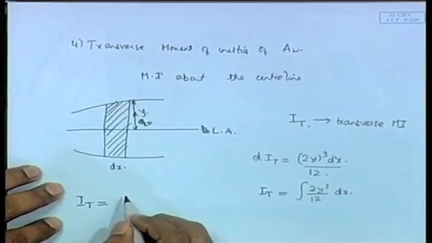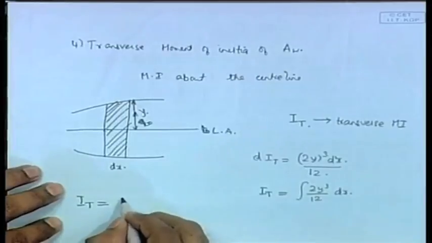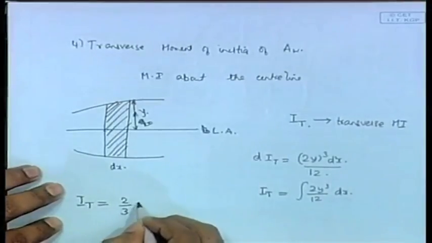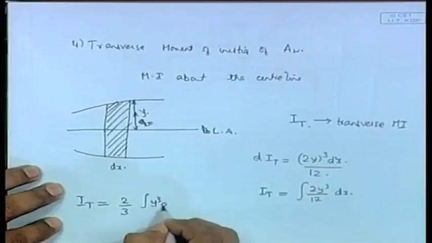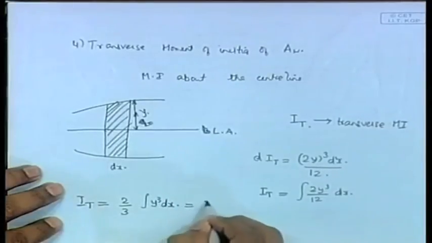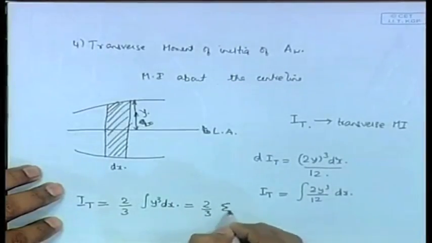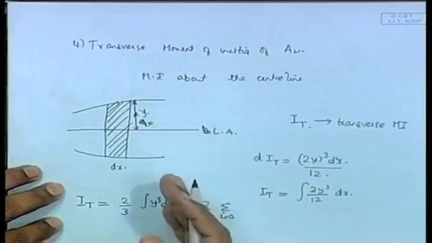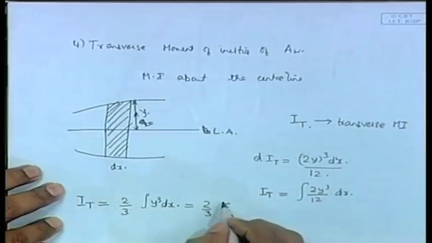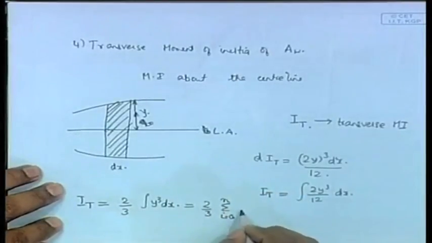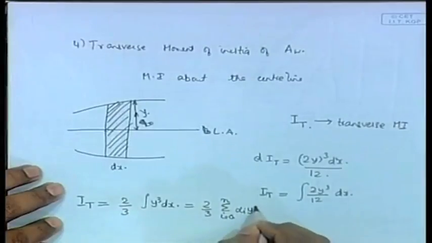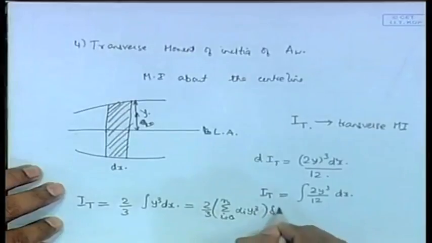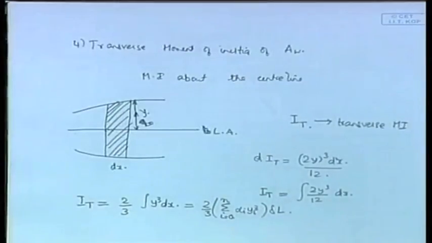So 2 cubed is 8 by 12, so it becomes 2 by 3 into the integral of y cubed dx, which is equal to 2 by 3 into the sum from i equal to 0, or you can start from i equal to 1, meaning you call it station 0 or station 1, it is okay, up to n, of y i cubed into delta L.